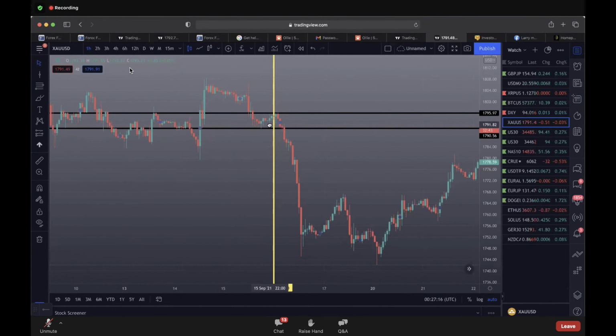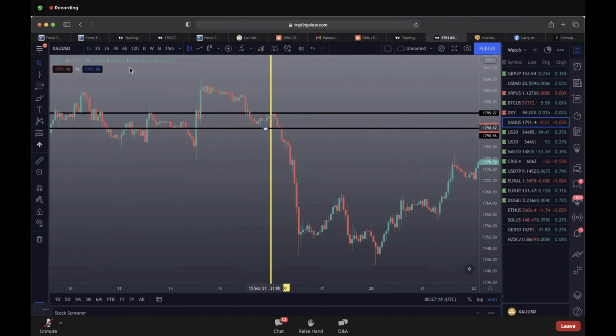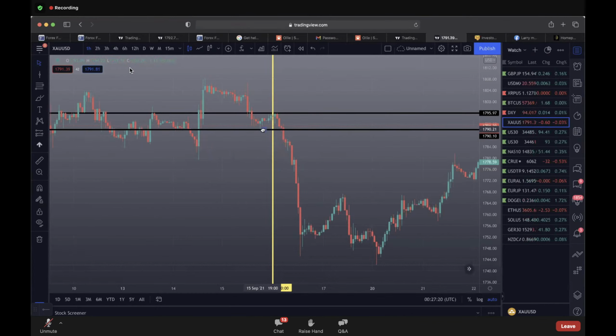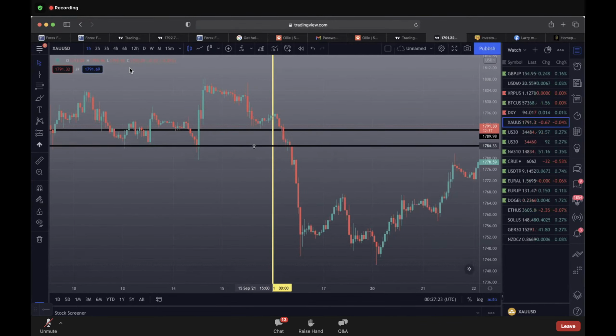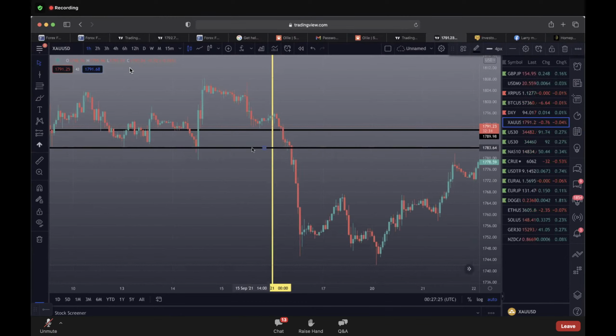This is the highest point. This is the lowest point, but we want to do the breakout of here. You see that? Press one if you guys understand, if you see that.